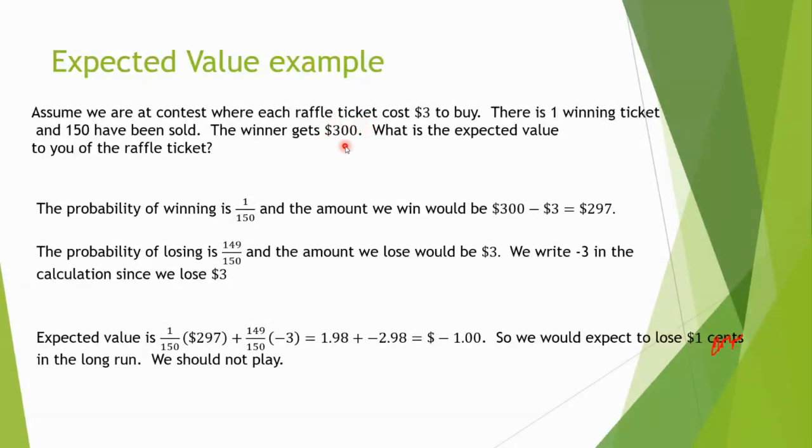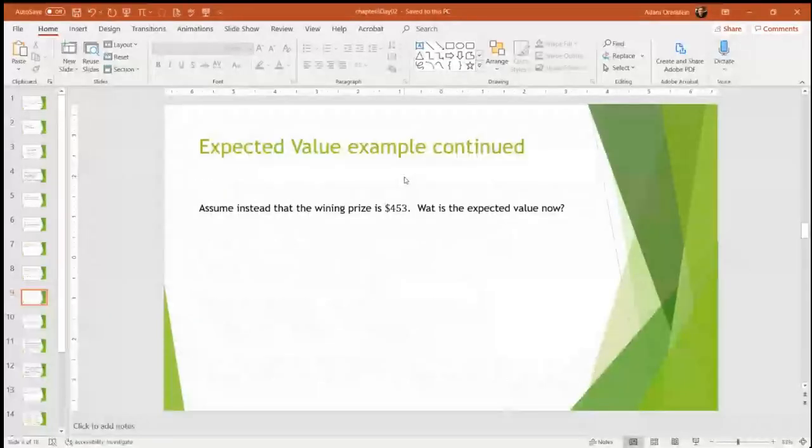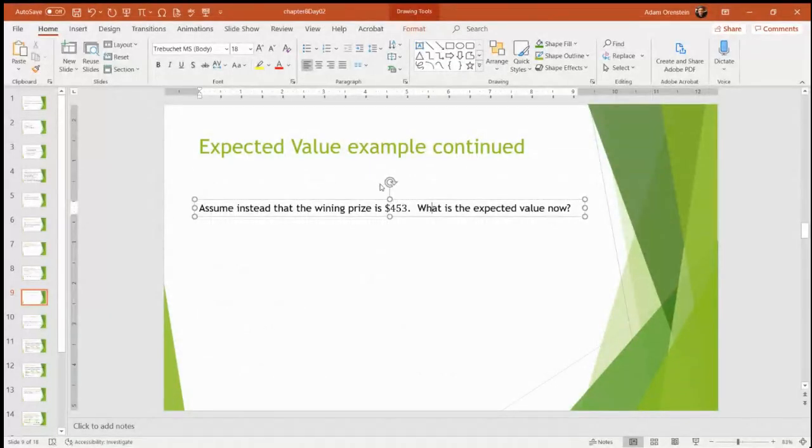They threw in the extra 3 especially to account for the purchase of the ticket. So now we're saying the winning prize is more. Now the question you can ask is, okay, should we play the game now? What is the expected value? I got to learn how to spell. That should be WHAT. Let me see if I can fix that quickly. There we go.